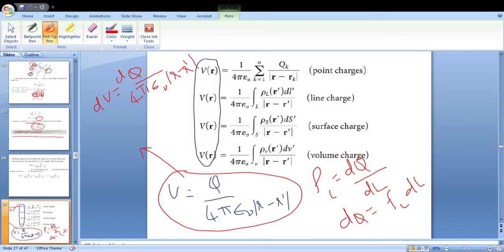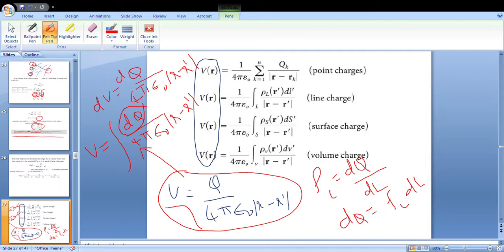Correct. If I want to get only V, I need to integrate this. So I'll get V is equal to the integral of dq divided by 4 pi epsilon naught into the modulus of r minus r dash. Correct. So that is what we have to do.